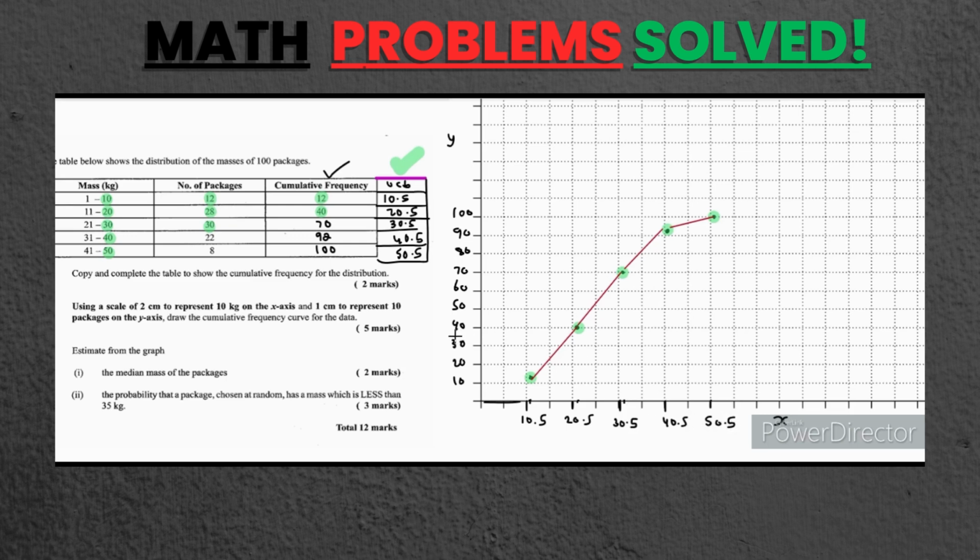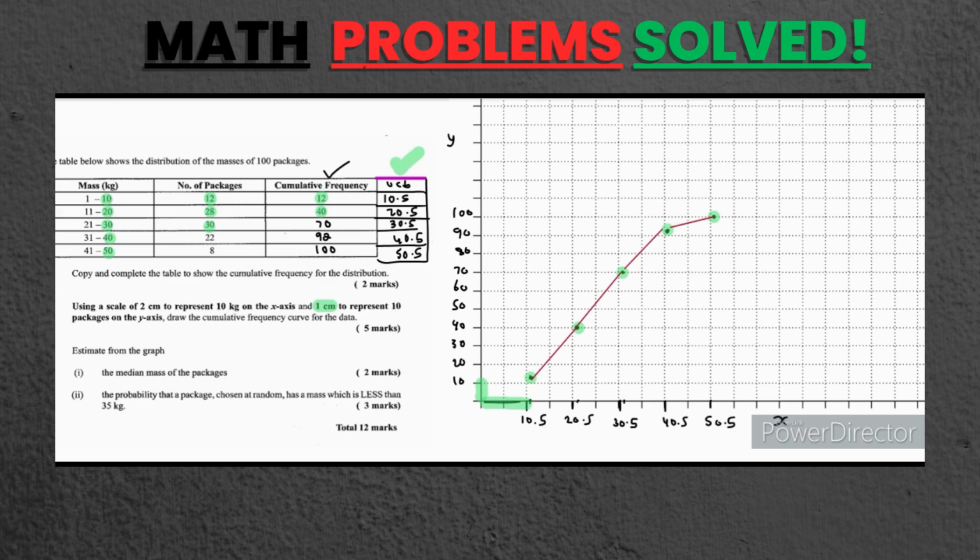Then on the vertical axis, according to the scale, 1 centimeter represents 10 packages. So here for example this is 1 centimeter, right? We took 1 centimeter as 10 packages, and here we took 2 centimeters as 10 kg, right?